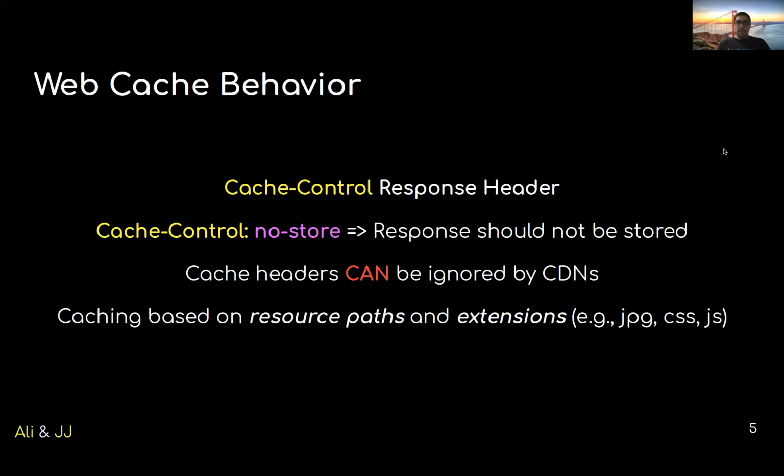For example, Cache-Control: no-store tells that the response should not be stored. However, the web caching components on the internet can ignore these headers and instead use other rules based on the resource paths and file extensions to cache the resources.